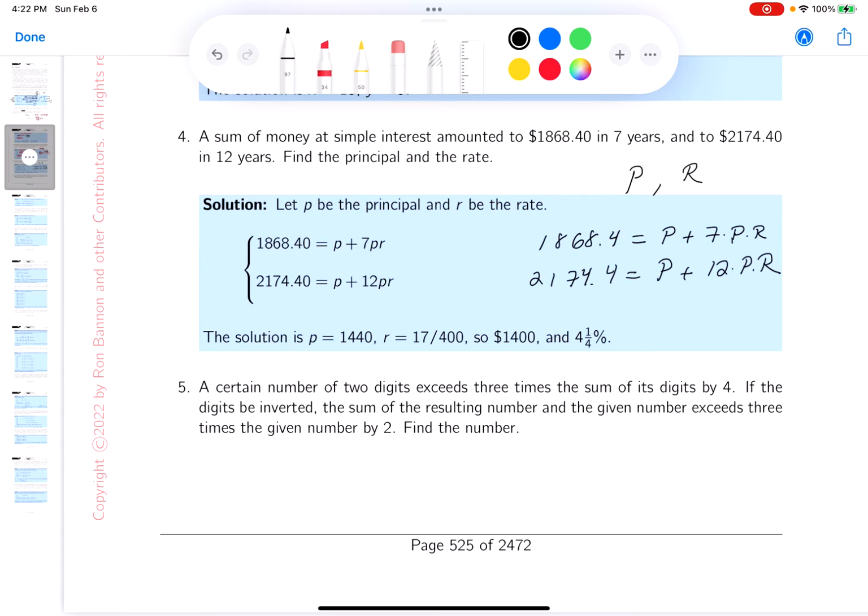I think I could probably solve this. The way I'm going to do it, I'm going to just subtract the two. Oh, you know what? Maybe not. Maybe I'll look at 7 and 12 first. I'm going to multiply the top equation by 12, and the bottom equation by minus 7.